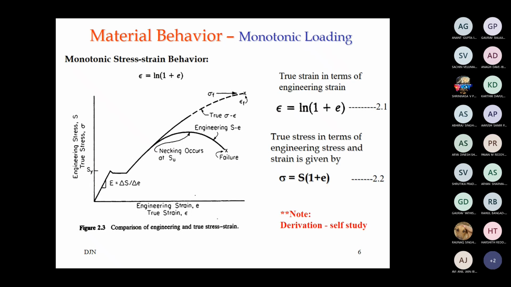But if we talk about ductile materials, then the rate of change with a small increment in the load is quite significant, and therefore the true strain at fracture compared to the engineering strain at fracture are different. It is not the same.